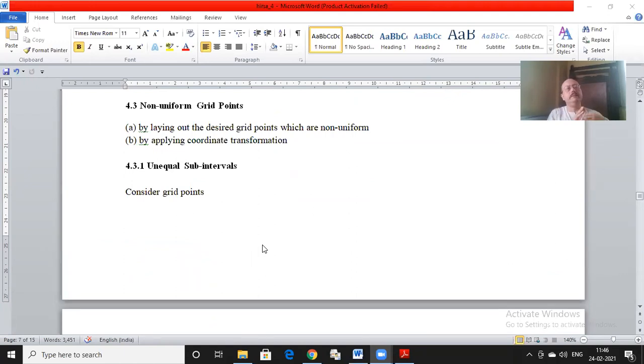One is to just directly lay out the grid points as you want. So in the middle, you will have grid points closer to each other, and when you are closer to S minimum and S maximum, you can make them further apart.